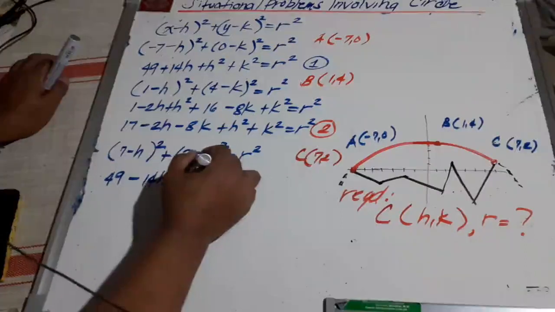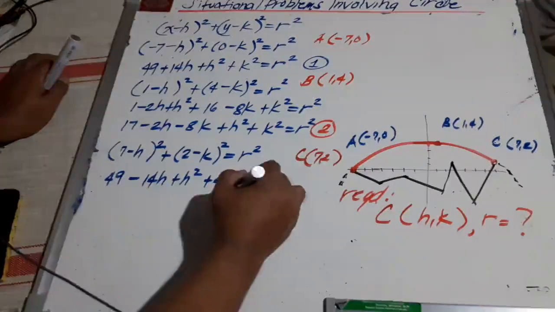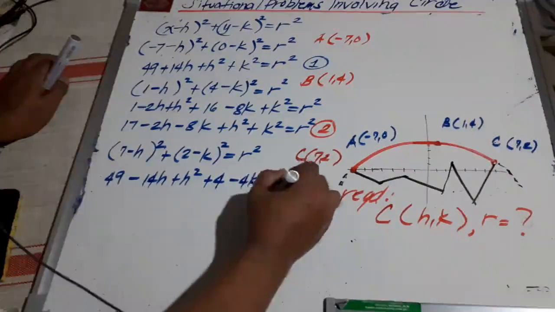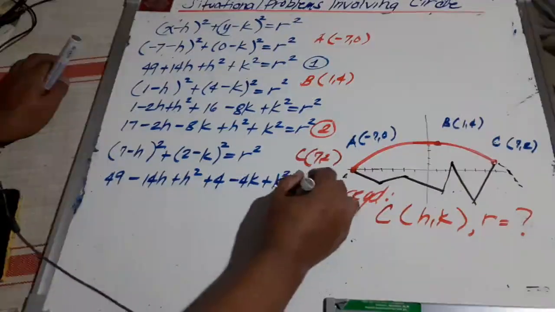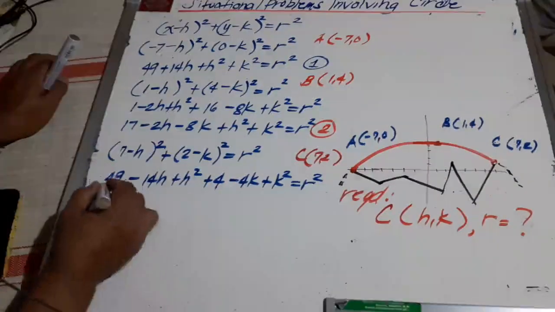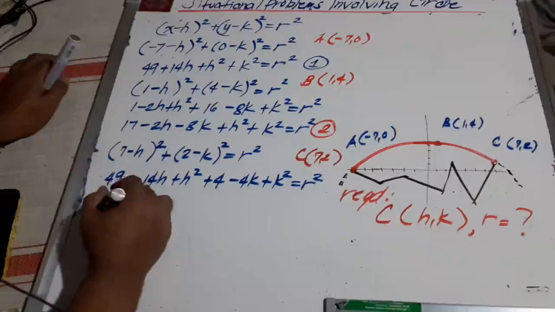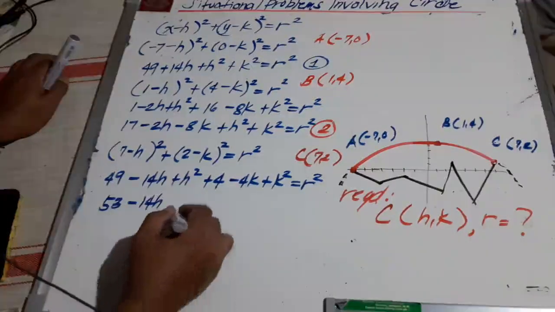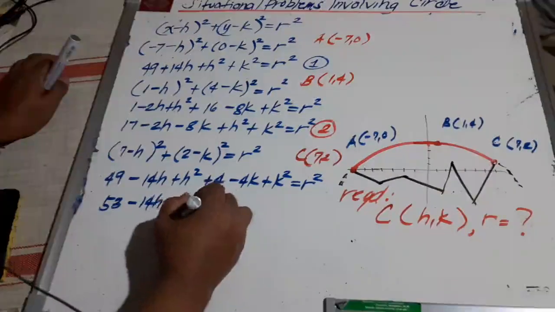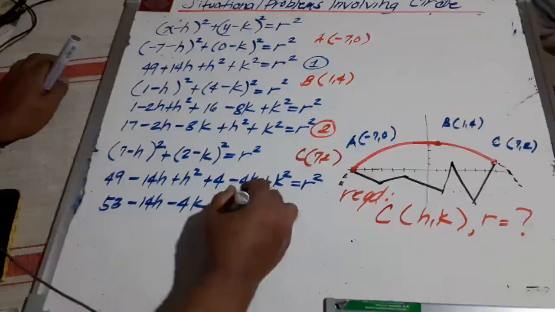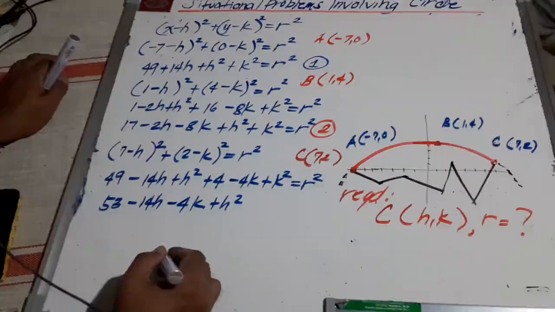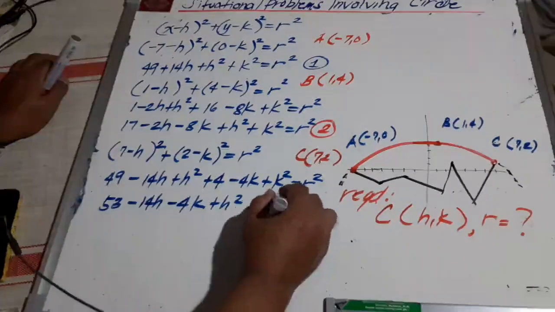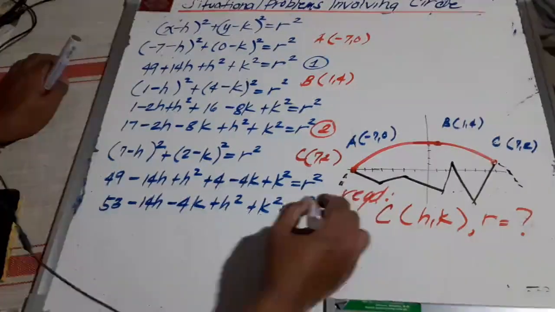Twice the product of these two is minus 4k plus k squared equals r squared. 49 and 4 is 53 minus 14h minus 4k plus h squared plus k squared equals r squared. This is our equation 3.